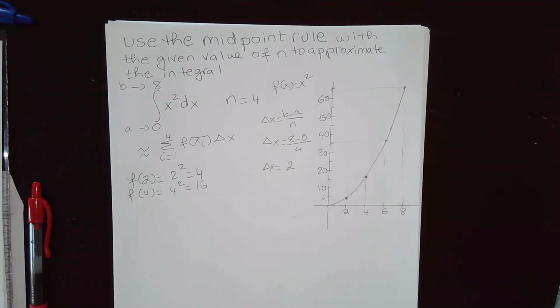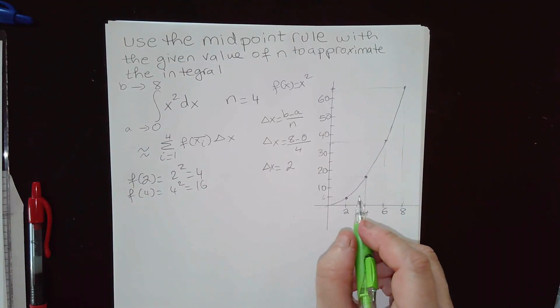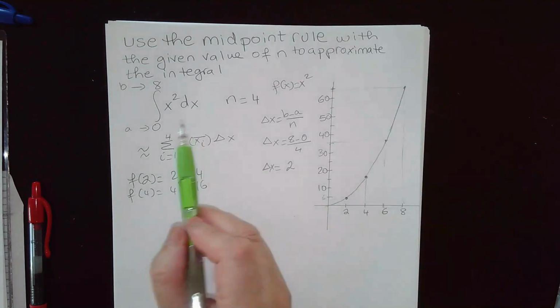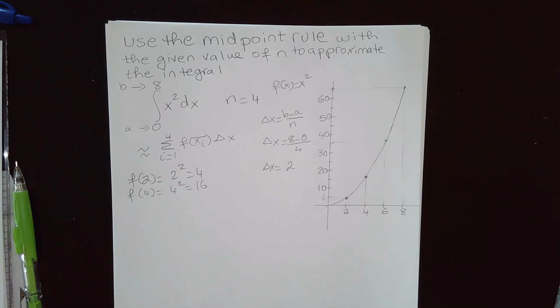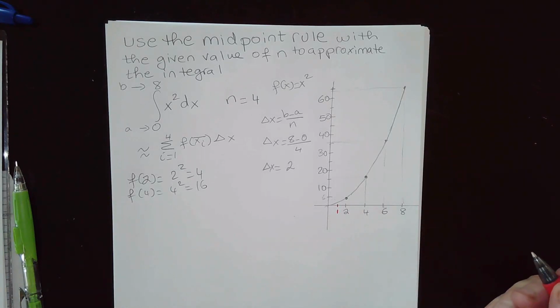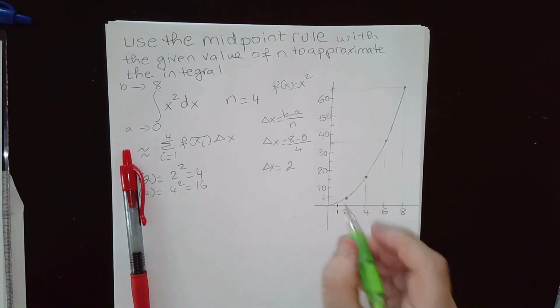Now let's go ahead and graph the rectangles. Remember the width is 2, so we're looking at a graph. This is 2, but keep in mind that we're using the midpoint. The midpoint of a rectangle with a width of 2 must be 1. So here you have 1. I'm going to put the midpoint in red here. So the first rectangle would be this.